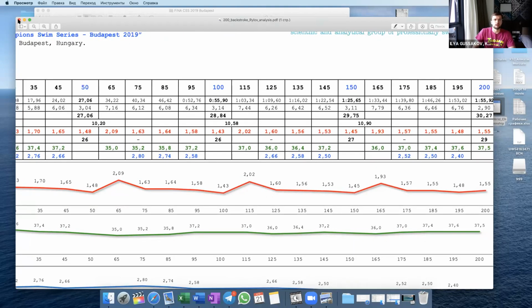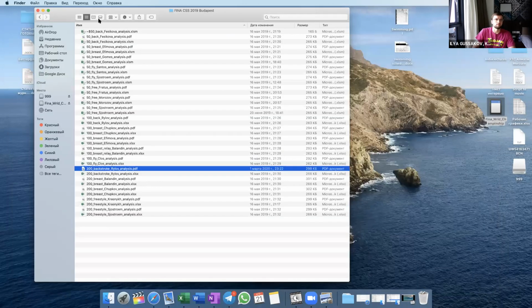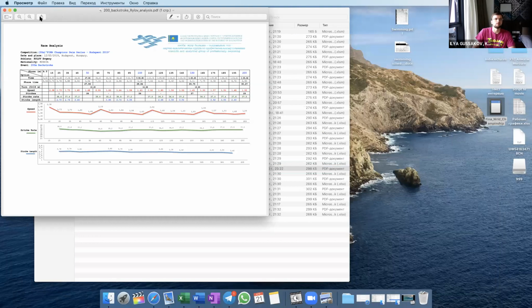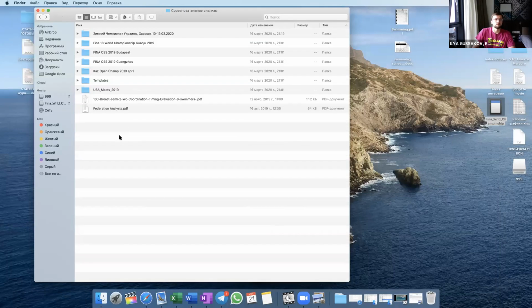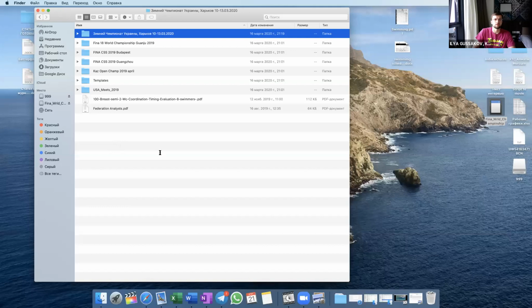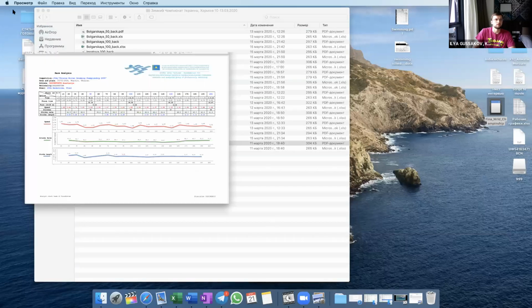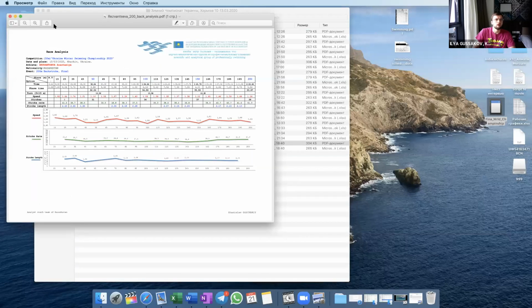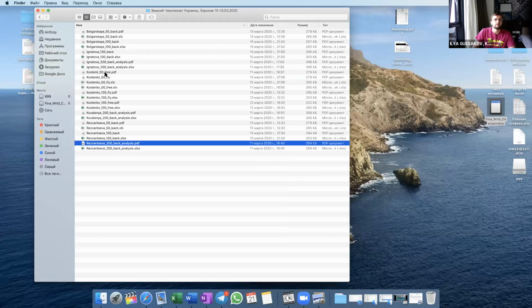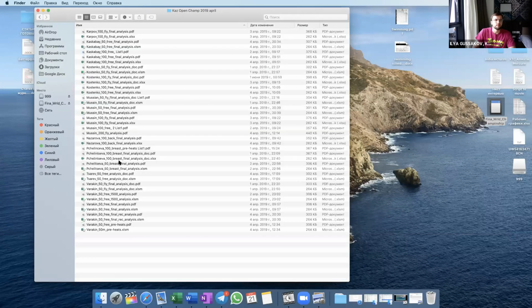If I make an example to compare, let me show you how an average swimmer does this. Do I have any 200s? It's a girl.